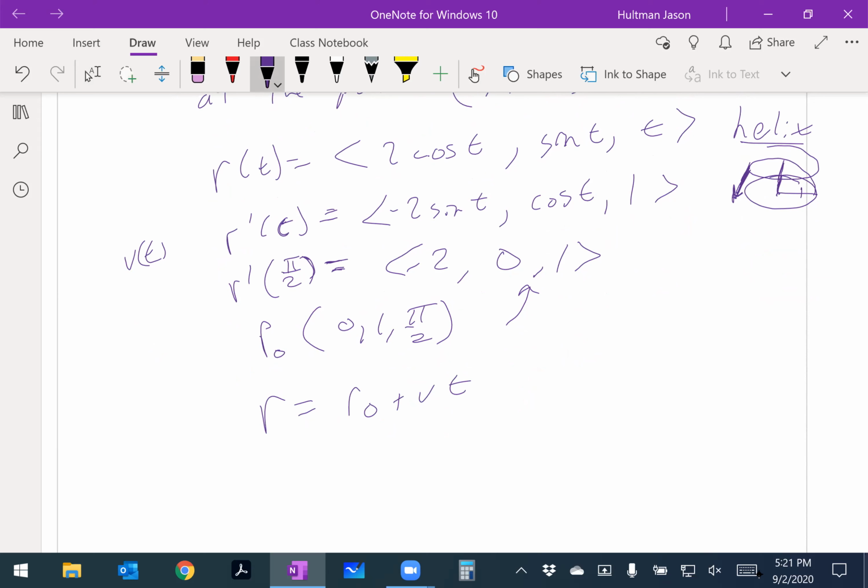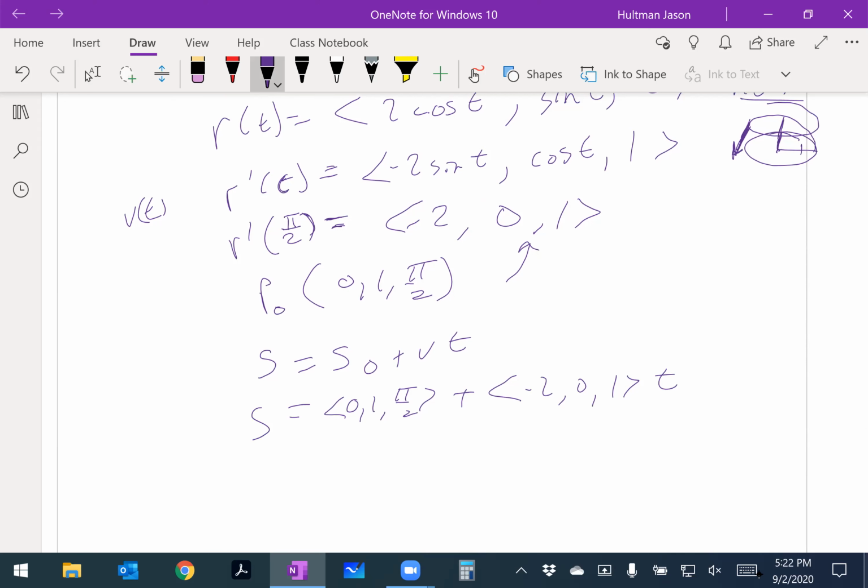Yes. Yeah, so this is the equation of a line with a point and a vector. I'm not going to call it r because we've already used r. R has already been used for the space curve. We're just going to call this s. This is the equation of the tangent line, with point 0, 1, pi over 2 plus vector function -2, 0, and 1 times t.